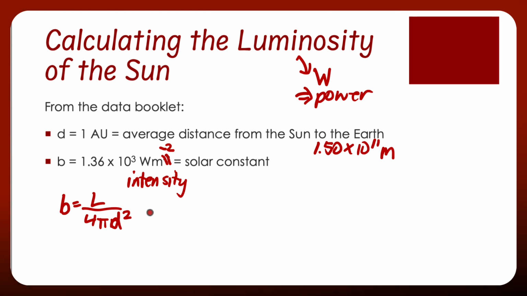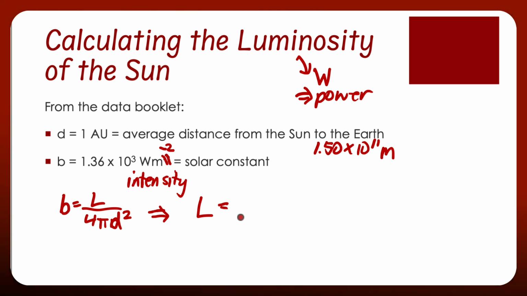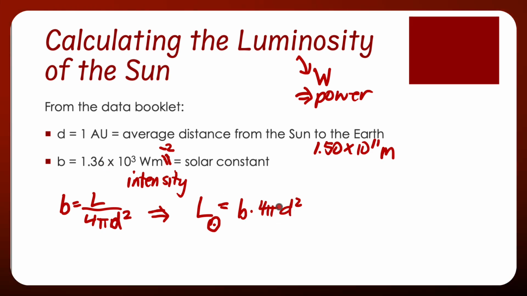Now, if I move that around, the luminosity of the sun, which we usually signify with the circle and dot in the center, would be our brightness times 4 pi d squared. And remember, this is the brightness as measured at the earth, our solar constant, and d is the distance from the sun to the earth, where we're going to be measuring this brightness.